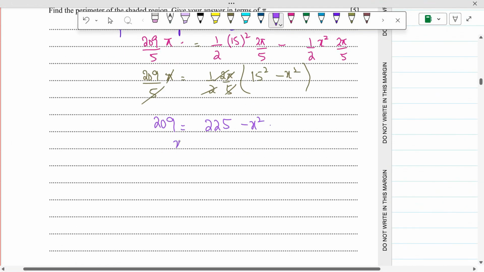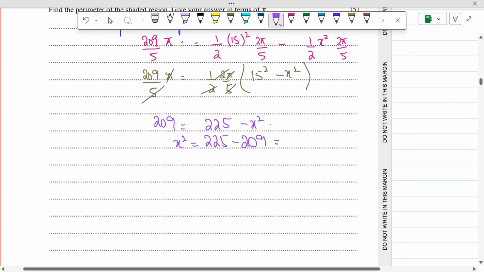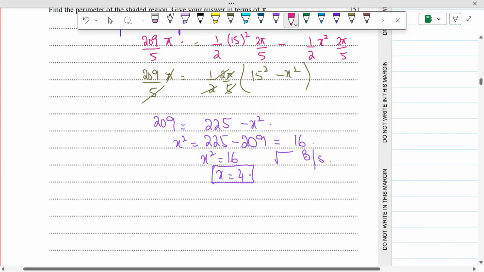By switching, we have X square equals 225 minus 209, which is 16. So X square is equal to 16. Taking the square root of both sides, we have X equals 4. The negative value will be ignored because distance should be positive. So we can say 4 centimeters.